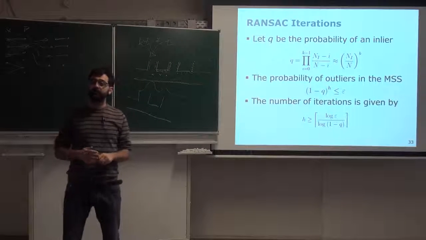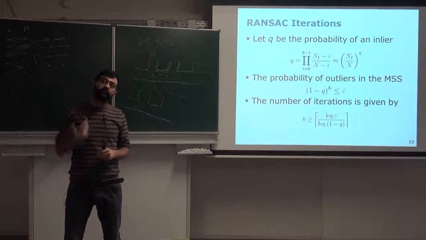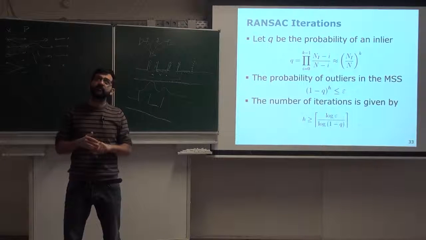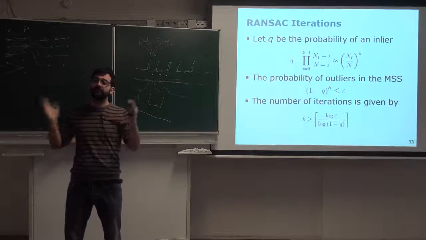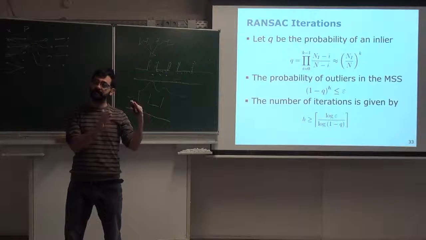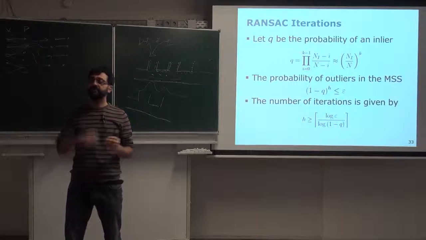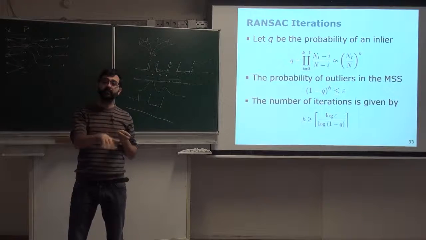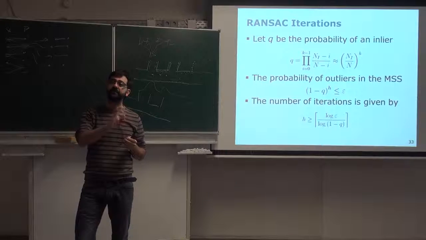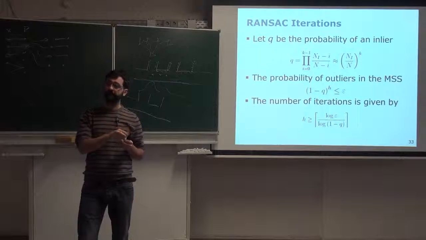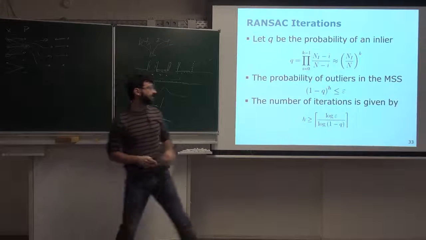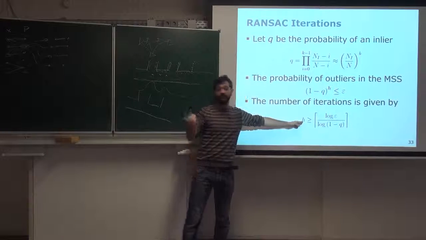So we have a way of computing the optimal number of iterations, given a certain inlier ratio and a certain target probability for how sure we want to be that we didn't make a mistake. Okay? So this doesn't tell us that we are finding the correct solution.